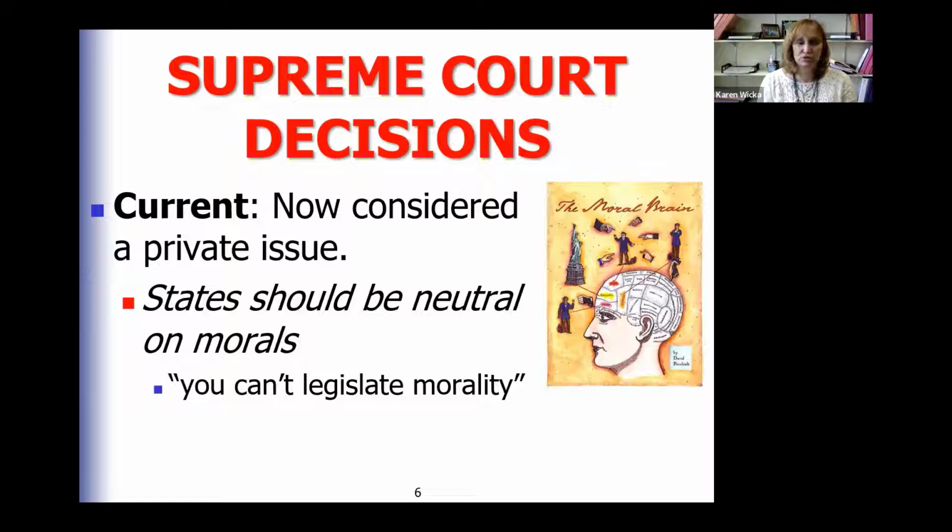The government should be neutral on morals. It's too hard to decide what is a standard that applies to all people equally. And the courts have basically taken a hands-off approach and said, you know what, you can't really regulate morality, and we're going to stop trying to regulate morality. It's just too hard.